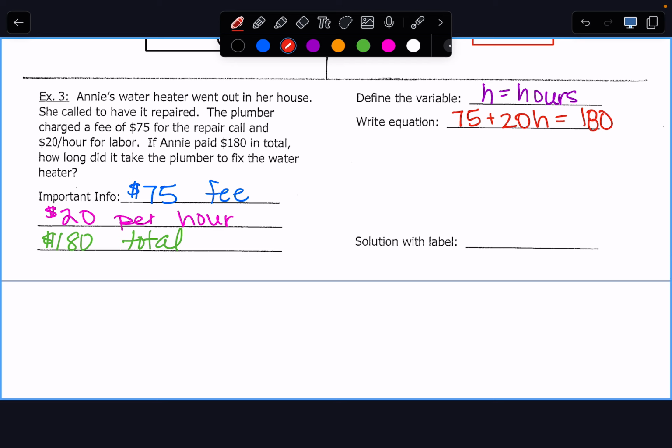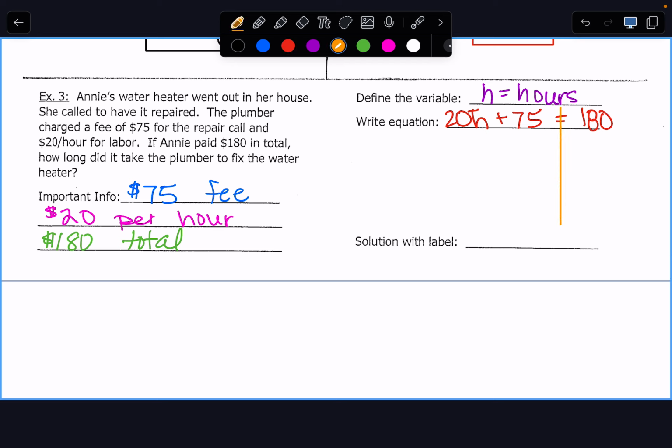How do you feel about it? Good. If you have 20H plus 75, that means the same thing. Okay? So 20 times the number of hours plus our fee of 75 equals 180. Okay? Good job if this is how you set it up.